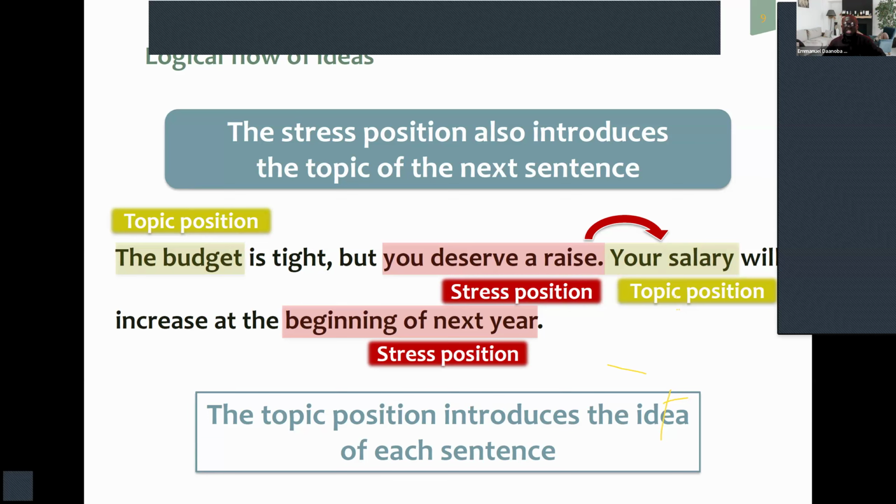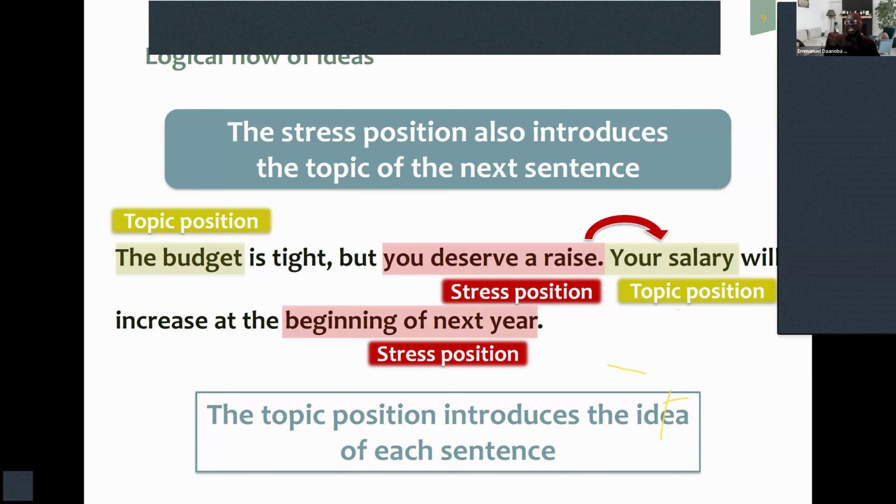So the topic position is the budget, but the stress position is you deserve a raise, which is the end. Then you begin with another topic position in the next sentence. Your salary will increase, beginning when? Next year. It ends with another stress position. So look at it that way.